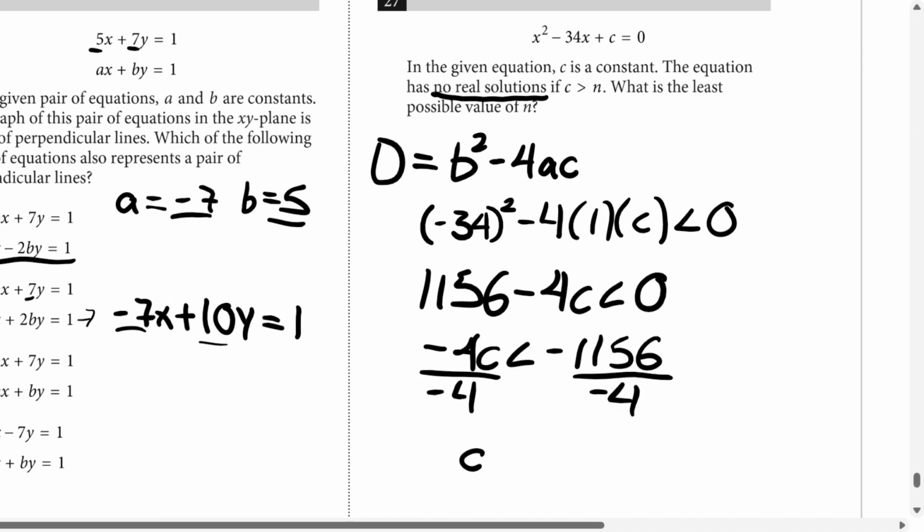Whenever we multiply or divide an inequality by a negative number, the sign flips. And then -1156 divided by -4 is 289, which is the least possible value for n.